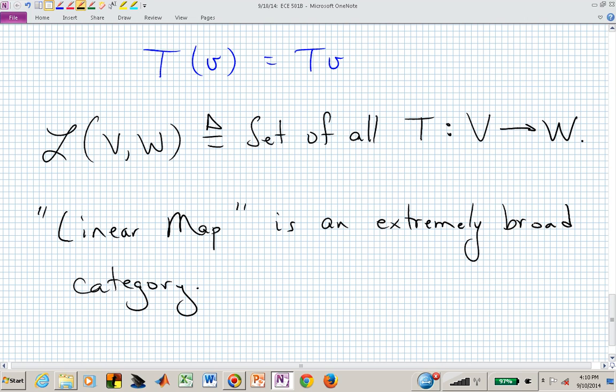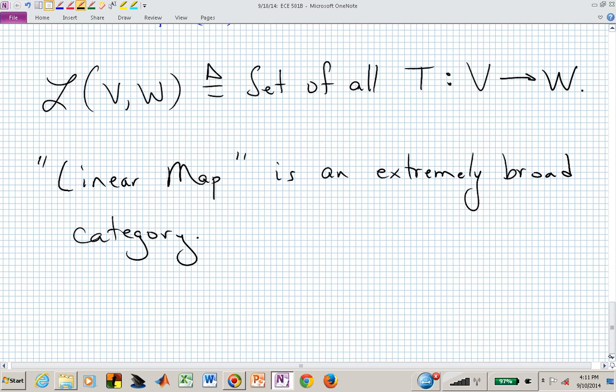It has to have those two properties, additivity and homogeneity. Let's look at some examples that are used in the book.